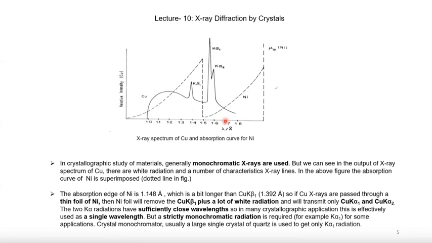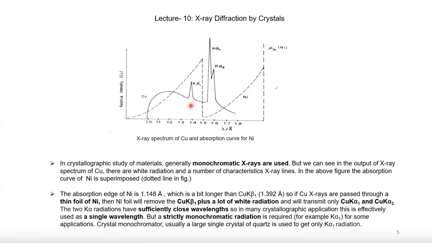That means we cannot have K beta 1, K alpha 1, K alpha 2, and all this white background to use as a source of X-ray to characterize our materials. What we need then is a monochromatic line, a single X-ray beam.